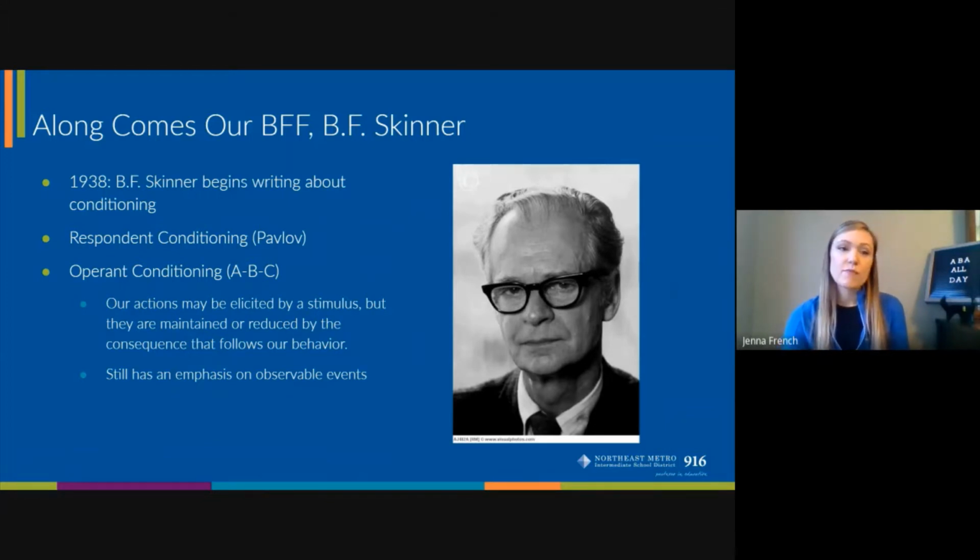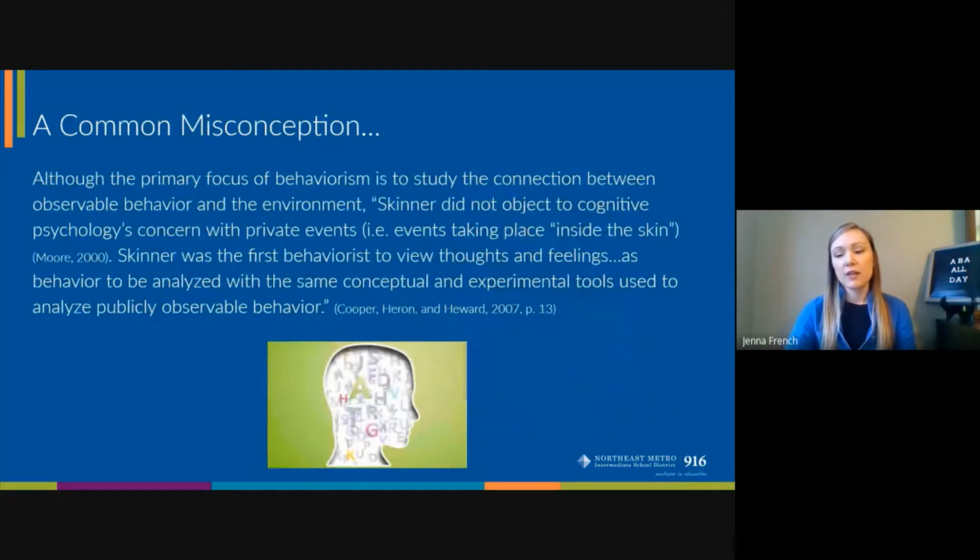A common misconception about behavior analysis in general, but this is directly related to Skinner: although the primary focus of behaviorism is to study the connection between observable behavior and the environment, Skinner did not object to cognitive psychology's concern with private events, so the events taking place inside the skin.